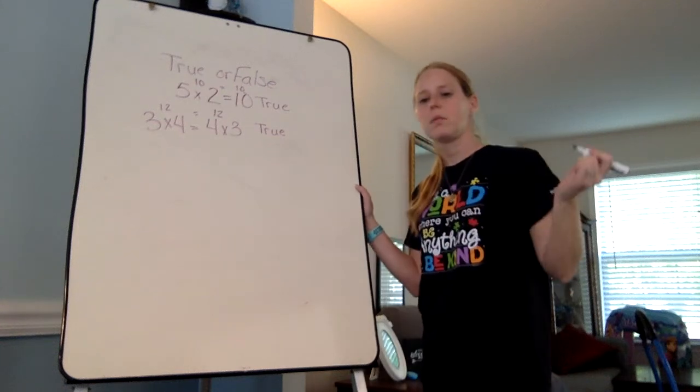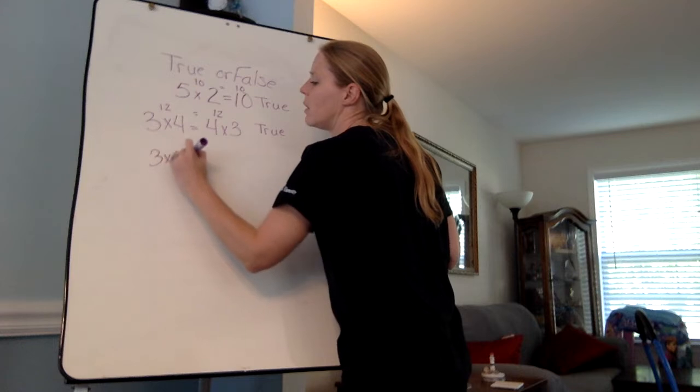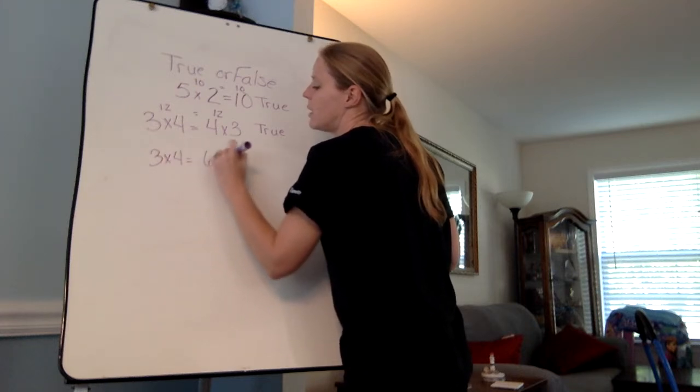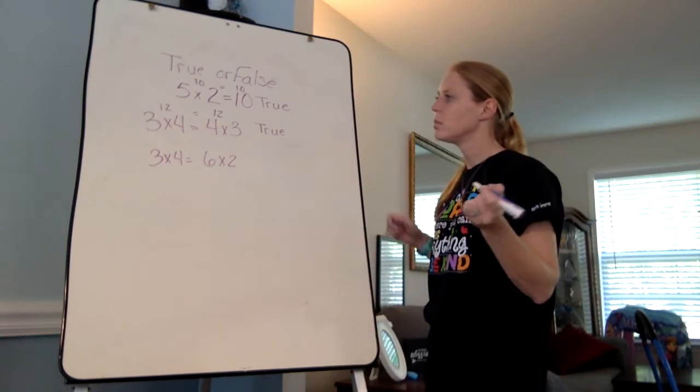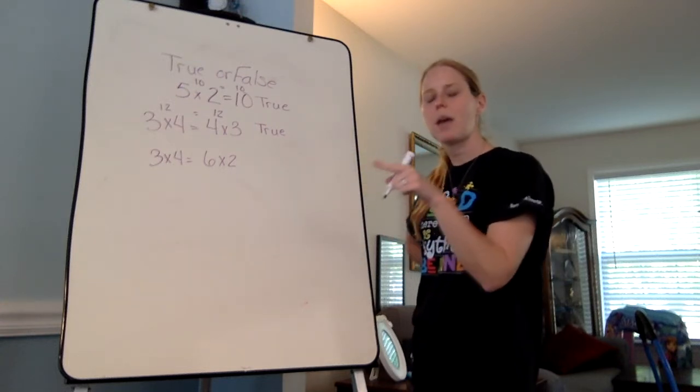Let's look at another one. How about 3 times 4 equals 6 times 2. Well, I already know my 3 times 4 because we just looked at that in the last problem.